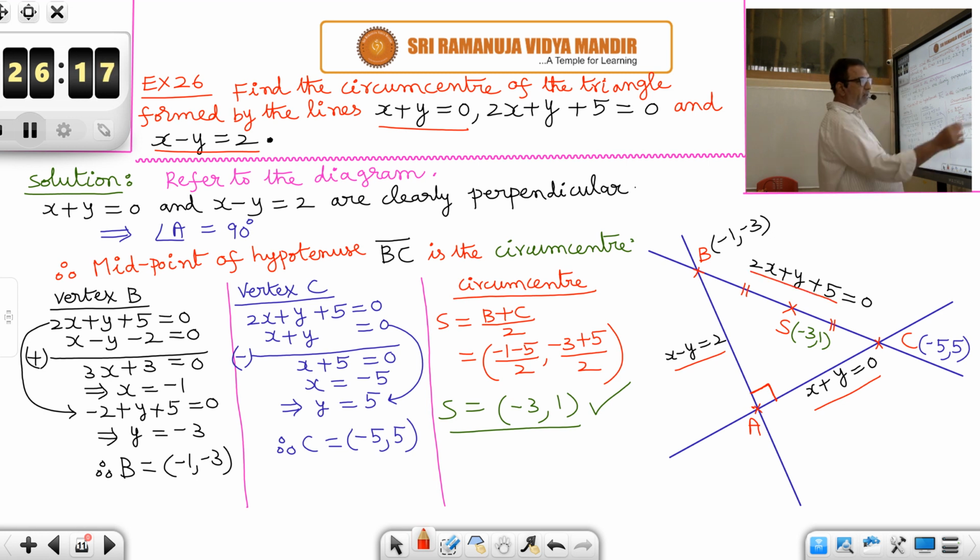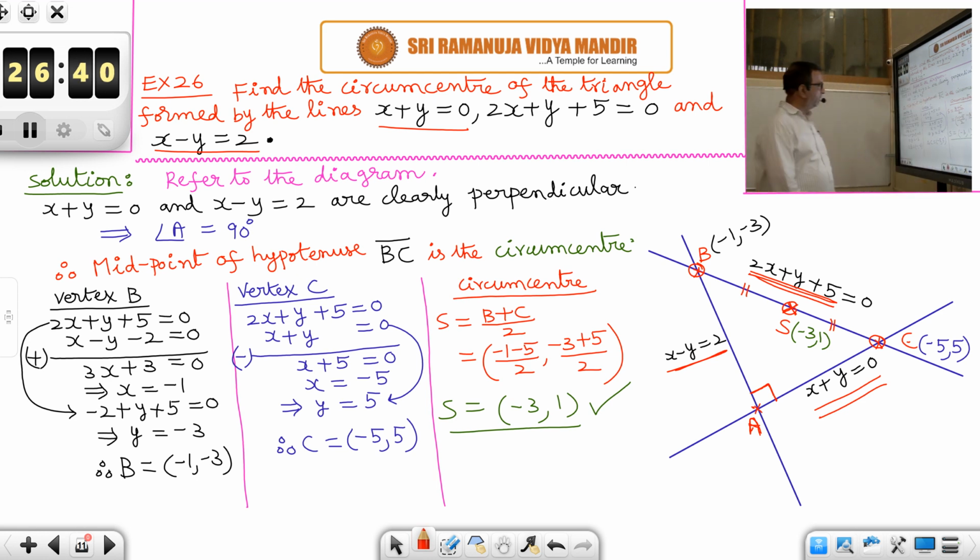Suppose it is here. Suppose B and C are the vertices, other vertices other than the right angle vertex. Then midpoint of B and C, that will be circumcenter. So, B is obtained by solving this equation and that equation. C is obtained by solving this equation and this equation.